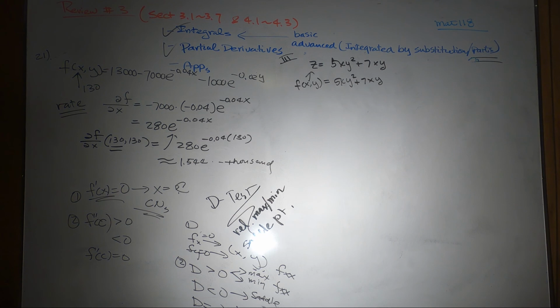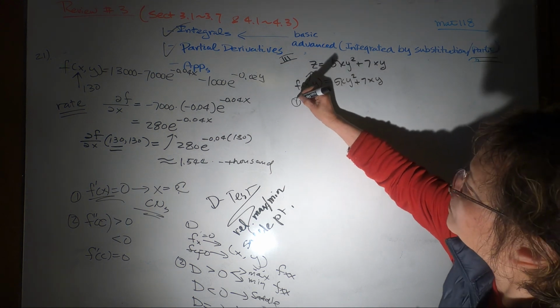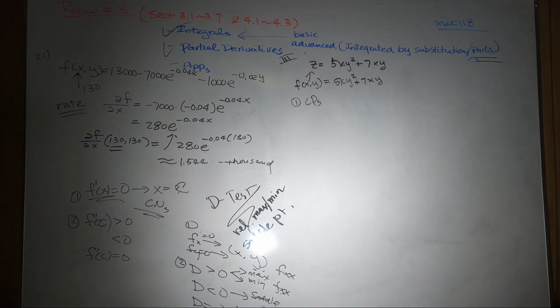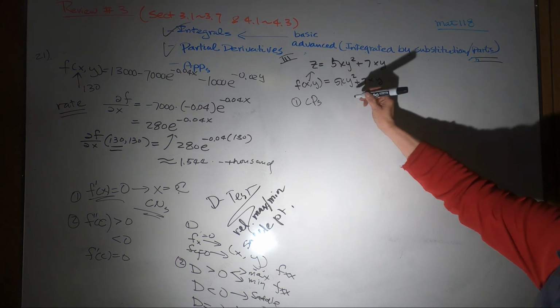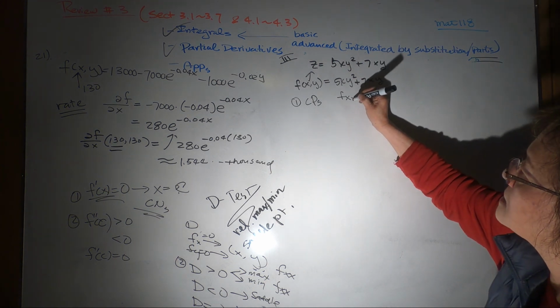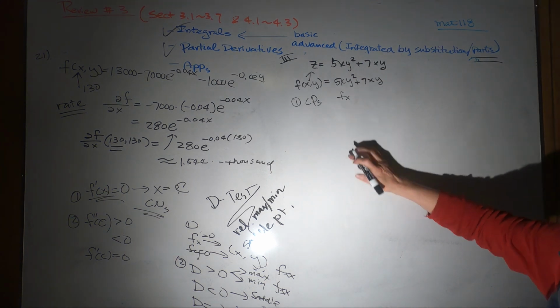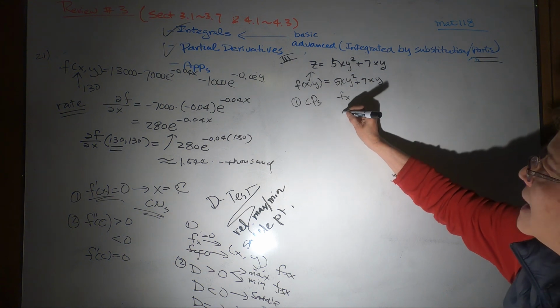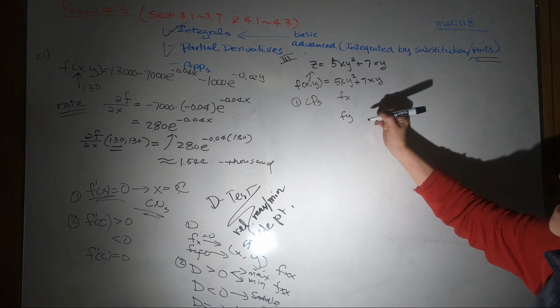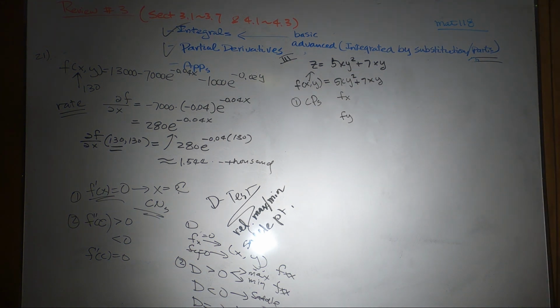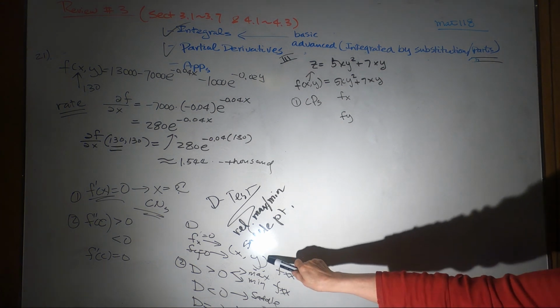For the D-test, first we have to find the critical points by finding fx and fy, just the first level, then set them to 0 to find your x and y.